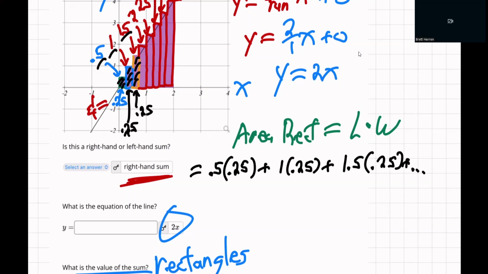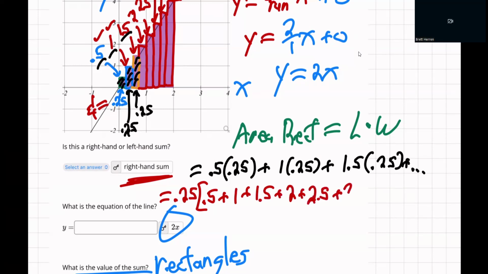Notice they all have the 0.25. So to save time, let's just factor out that 0.25. They're all multiplied by 0.25, and then we just add up the heights: 0.5, 1, 1.5, 2, 2.5, 3, 3.5, 4, all the way to 4.